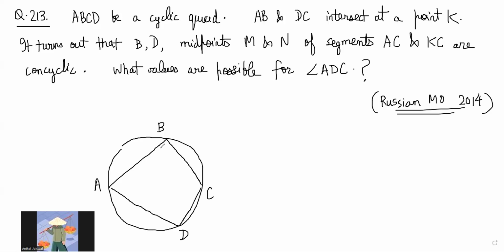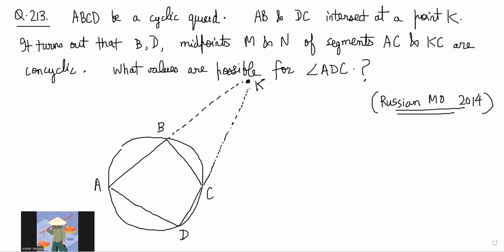Now they are saying that AB and CD also intersect at a point K. So you can extend it like this, and they intersect at point K somewhere here.